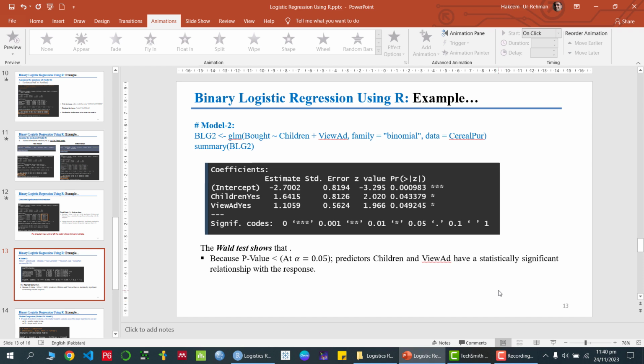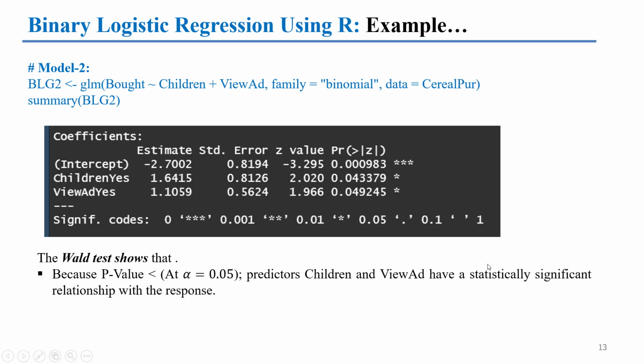First of all, after fitting model number 2, we can easily see that against the 5%, our p values are less than 5%, which is indicating that the person who has children or the person who has viewed the ad is significantly affecting the decision of whether the person is going to buy the product or not.